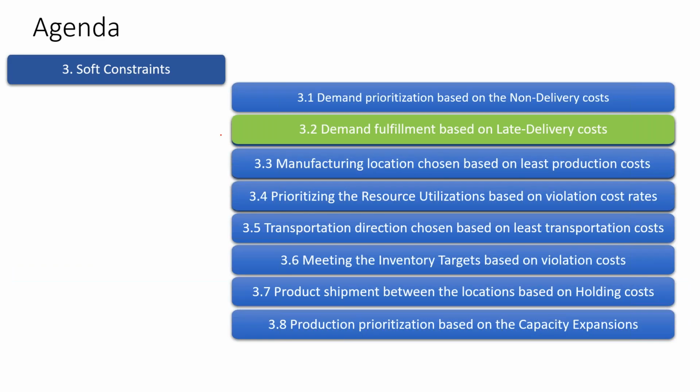Next, what's the second thing? Demand fulfillment based on late delivery costs. We have seen it, guys. In general, in supply planning algorithms, if there is a demand at the customer side for week 10, it should meet the demand on week 10 only. It cannot meet the demand on week 11 or week 12 or any other subsequent period.